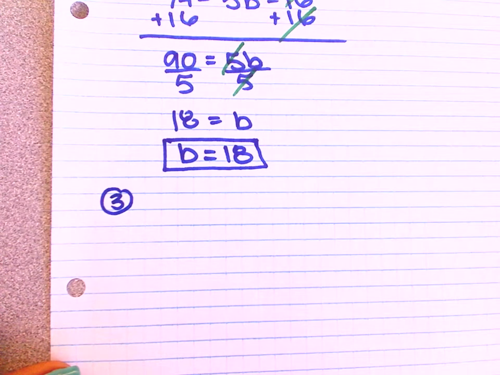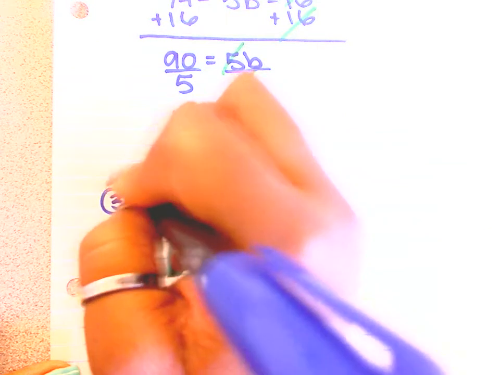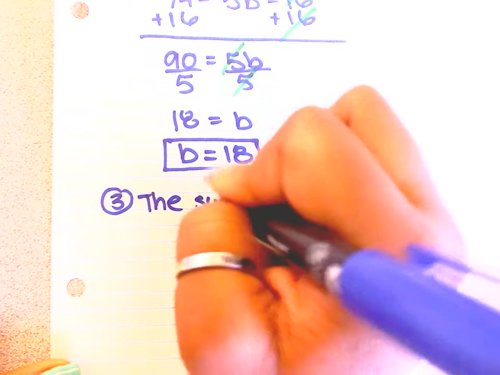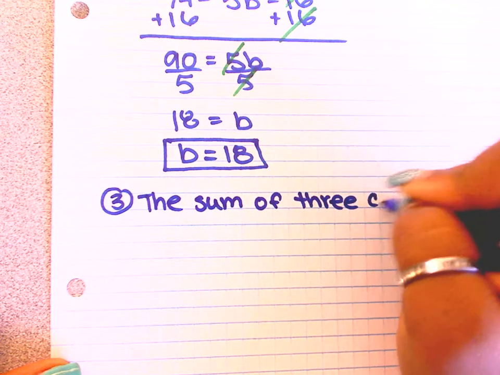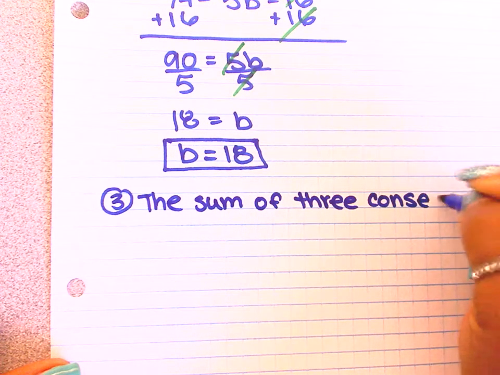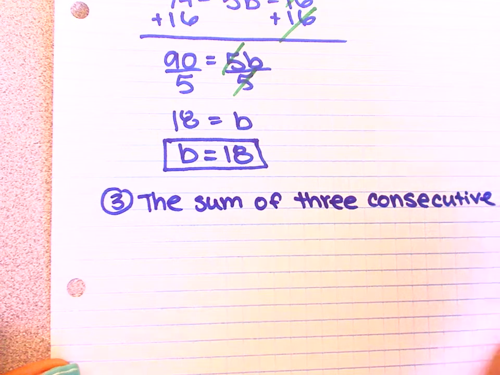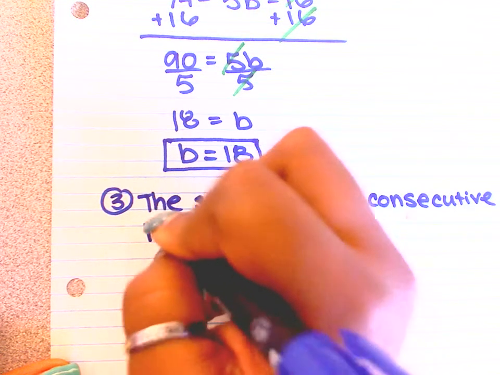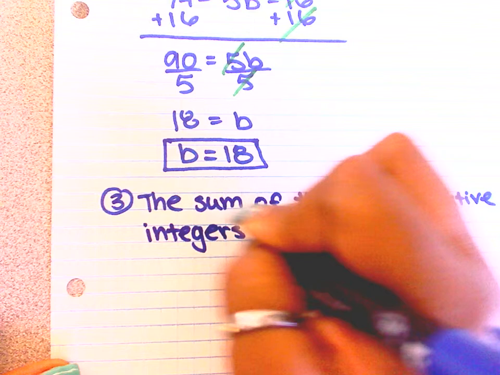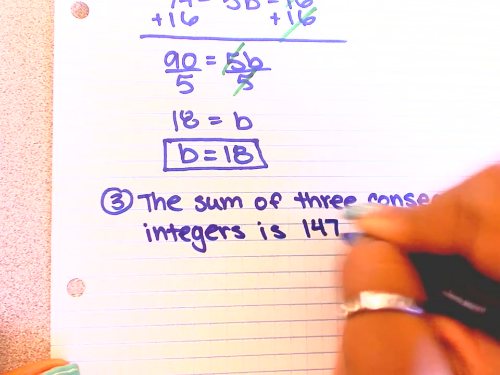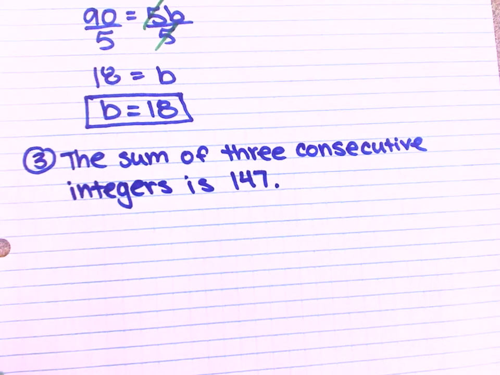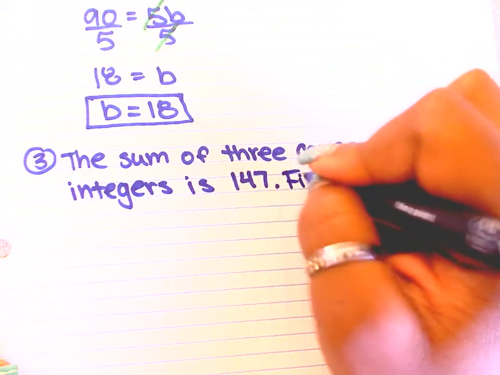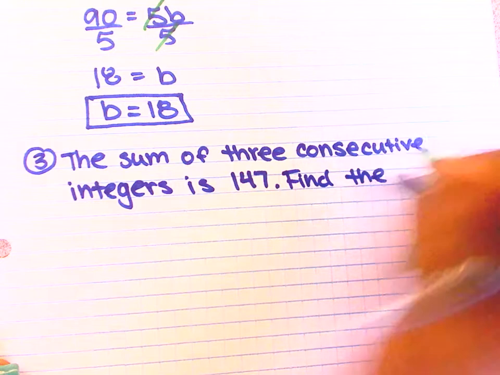It says the sum of 3 consecutive integers is 147. Question, find the integers.